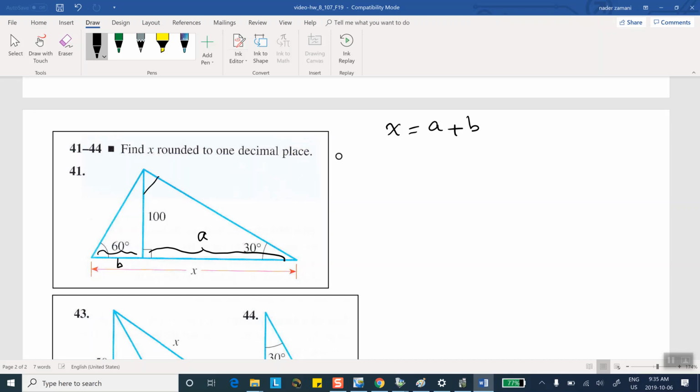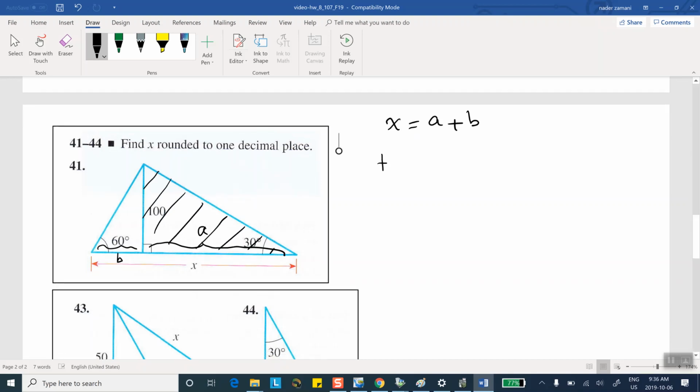So if you look at this right triangle, you know that the tangent of 30 degrees is opposite, which is 100, divided by the adjacent, which is A. And therefore, A is equal to 100 divided by tangent of 30 degrees.